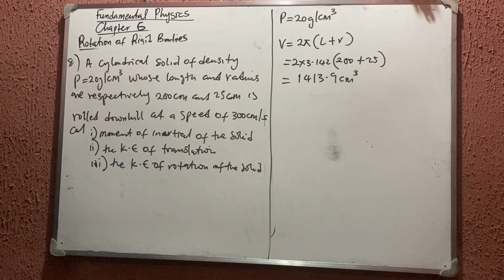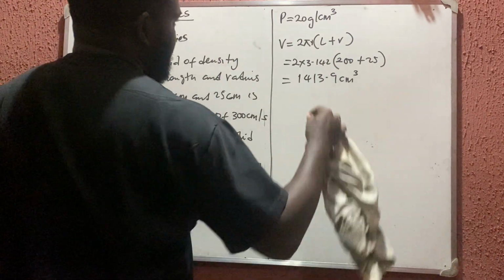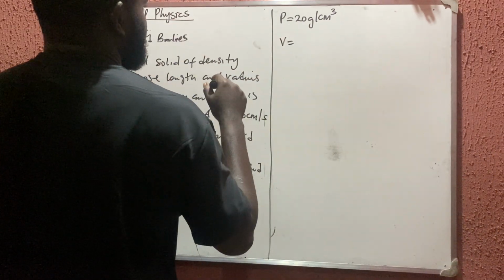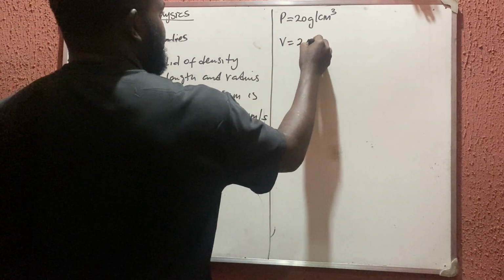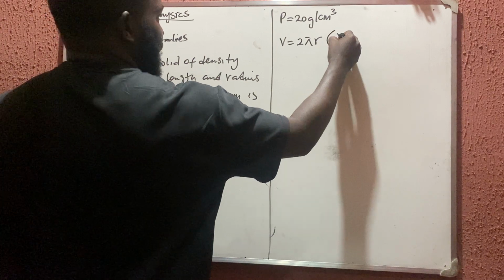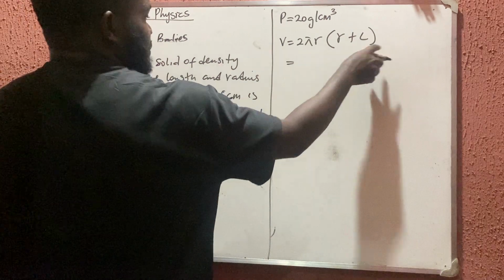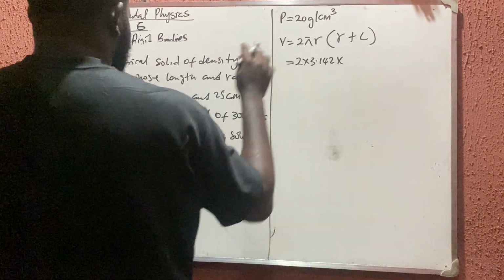The next thing, it's 2 pi r. This is not correct. Volume is cube, and I checked that I used 2 cm, so it cannot give us cube. So it's 2 pi r first, then r plus L. This is very correct, because cm will give you cm cube. So I have 2 times 3.142 times my r.